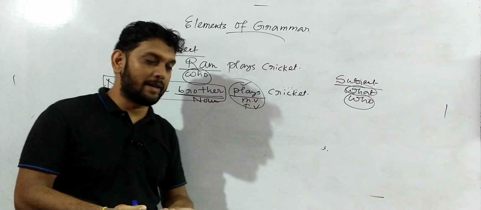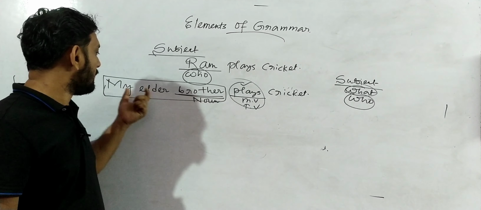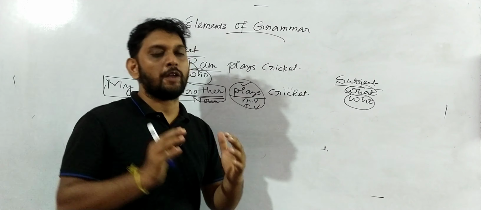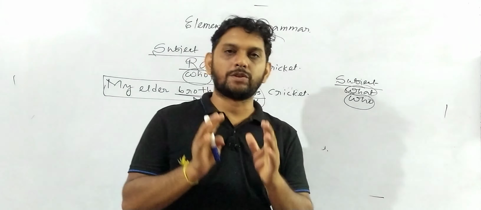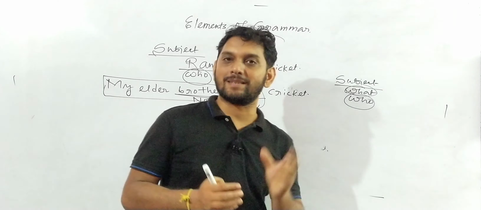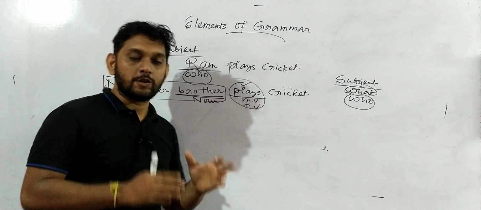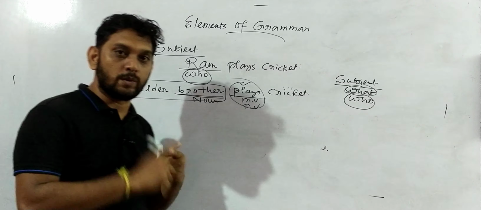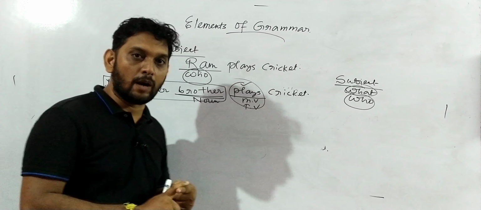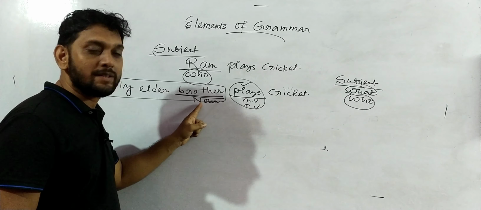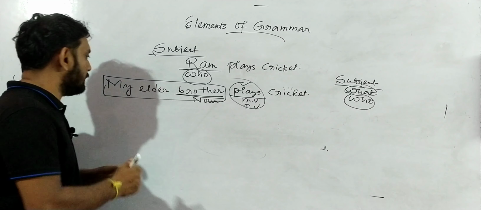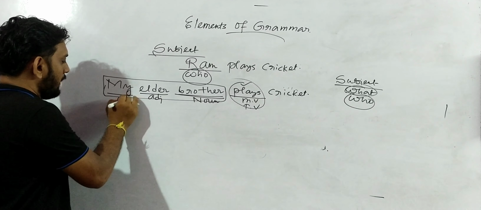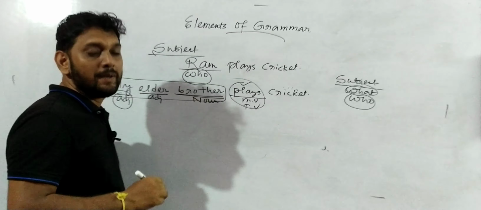So what I said before, in my elder brother there are three words. If anyone asks you which of these three words is the noun, always go to the last word. The last word should always be the noun. So here brother is the noun, elder is an adjective, and my is also an adjective. Why is my an adjective?